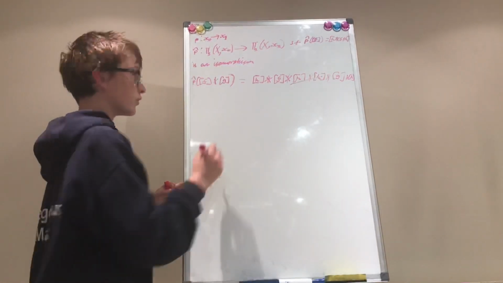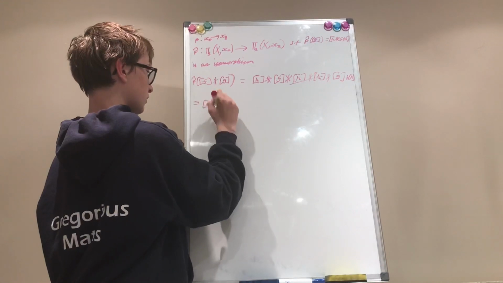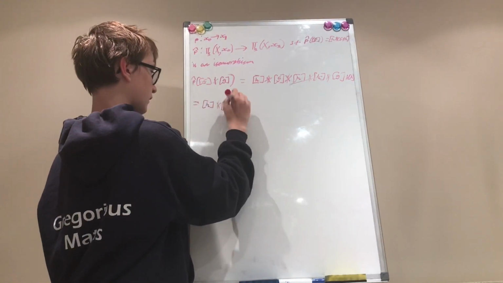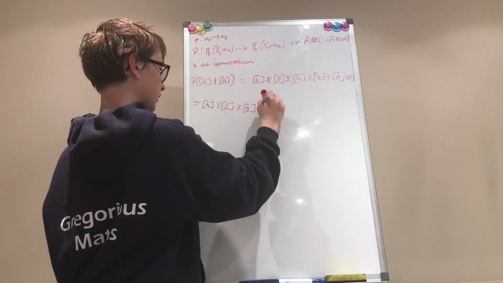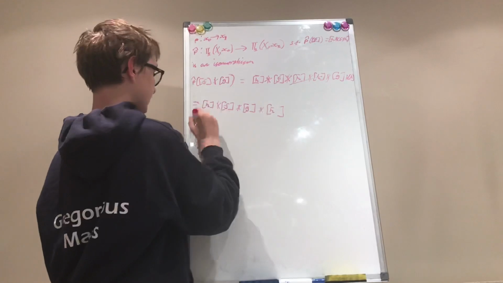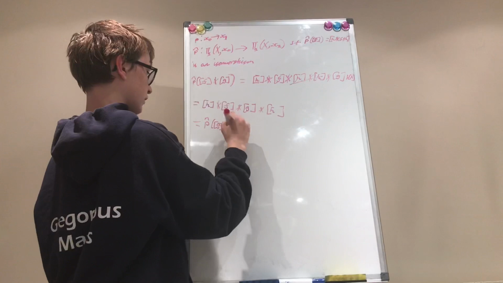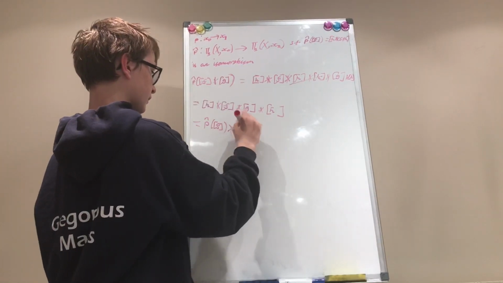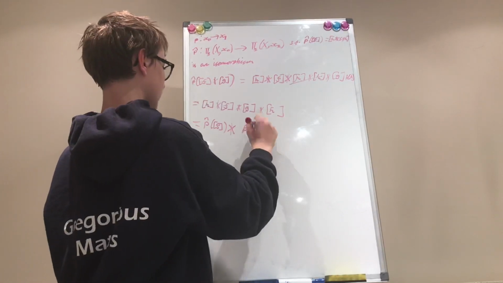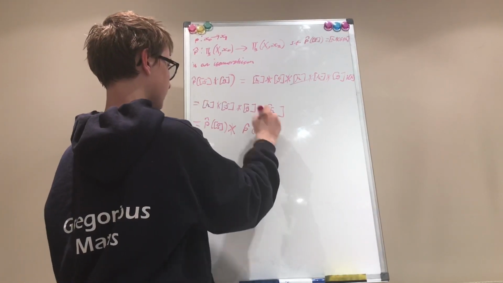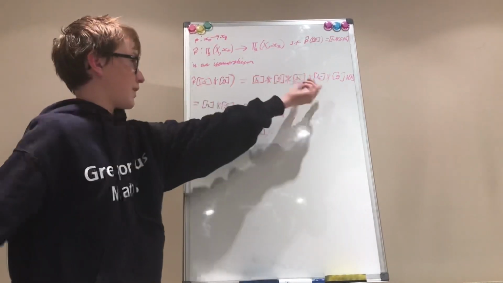These two cancel out, leaving us with the equivalence class of H star F star G star H bar, and this is just H hat of the equivalence class of F star H hat of the equivalence class of G, because this bit here is just inserted.